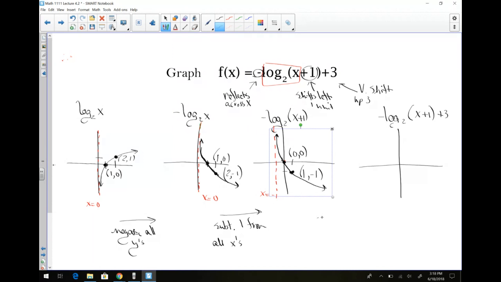Okay, so from this graph to this graph, our transformation is to move it up 3 units. So what we're doing is adding 3 to all y's. If we add 3 to all of our y's, this means that the point 0, 0 now becomes 0, 3.